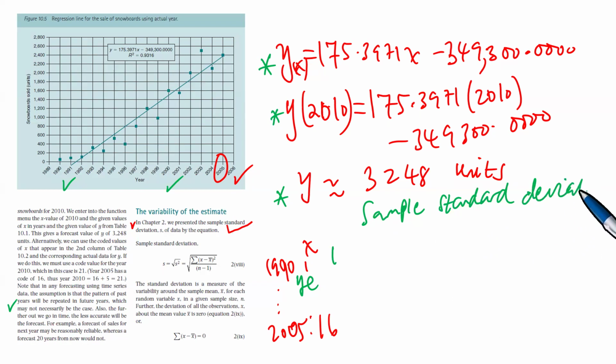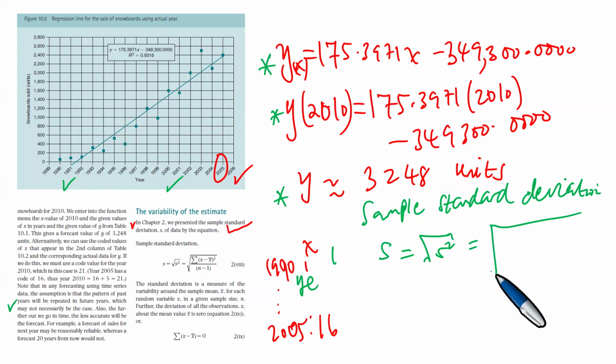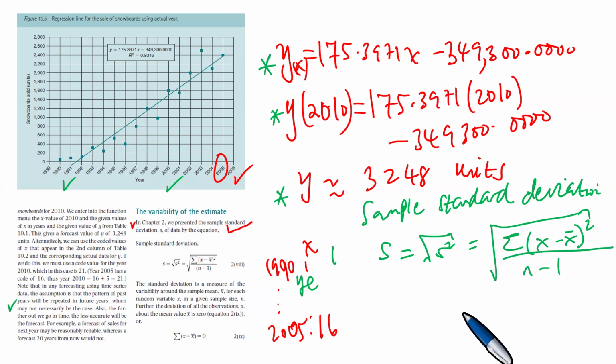The sample standard deviation is the square root of the variance, so it becomes the square root of the sum of the x minus x bar squared, divided by n minus 1. This is the sample standard deviation because for the population standard deviation it's n, but for the sample, it's n minus 1 in the denominator. Something to just note here.